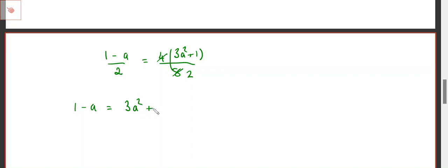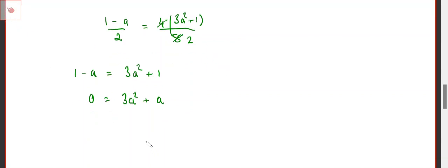And so over 2, we can multiply it by 2. Yep. 3a squared plus a. And then factor a. Get a(3a plus 1).